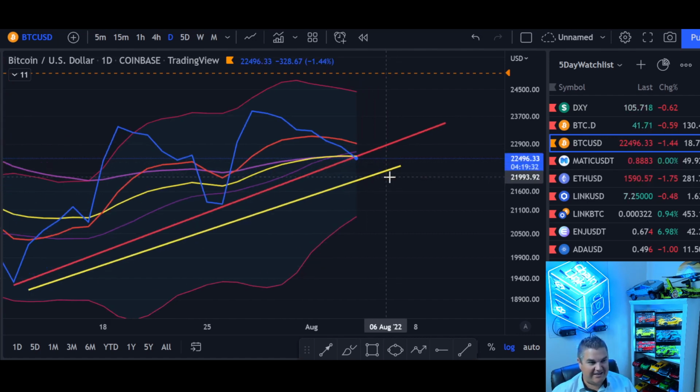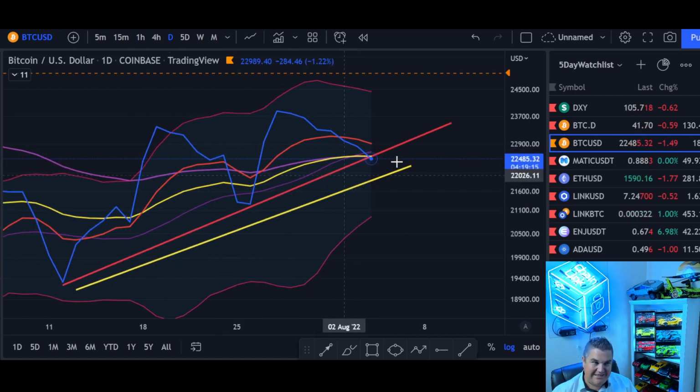So as you can see, we're at a crossroads right here, aren't we? Not only are we at this so-called trend line, right? We've made a low, we made a higher low. We're attempting to do that again on this trend line. But like I said at the beginning, this line takes a little bit of a back seat to potentially making a lower low.